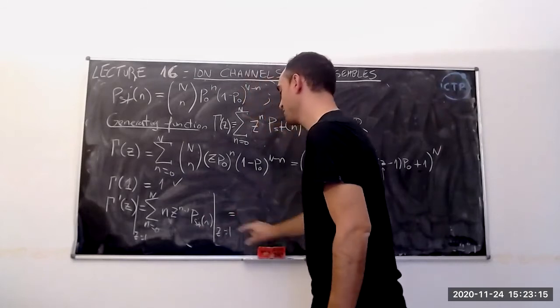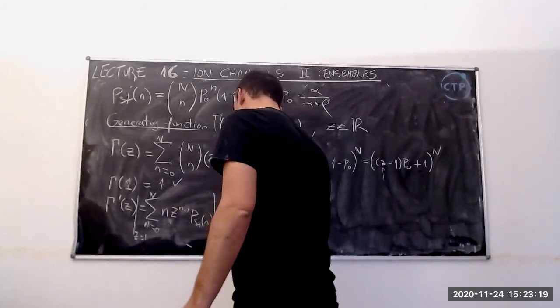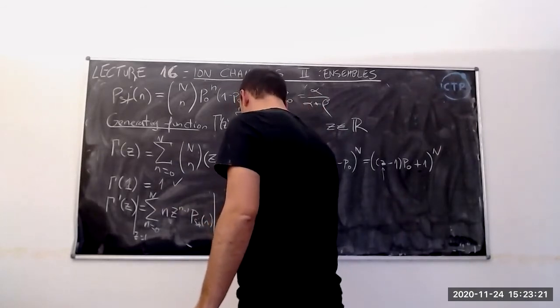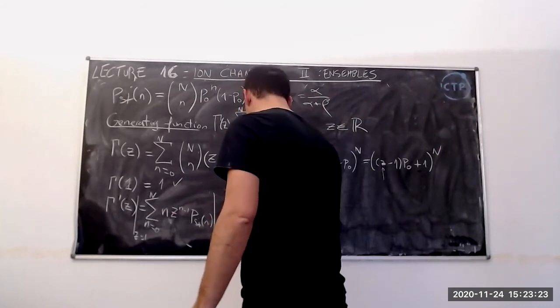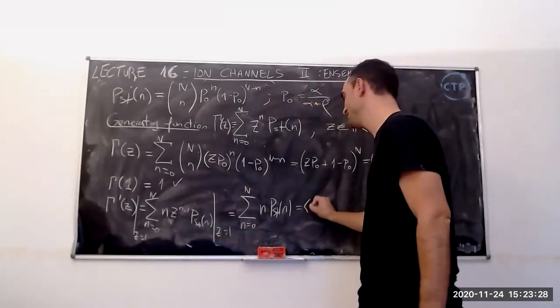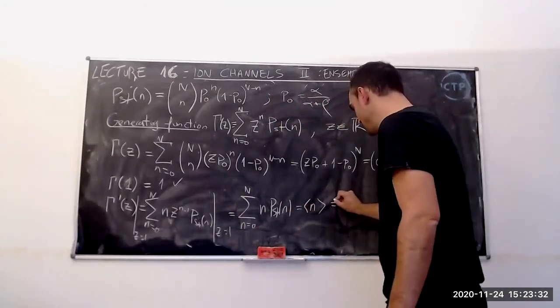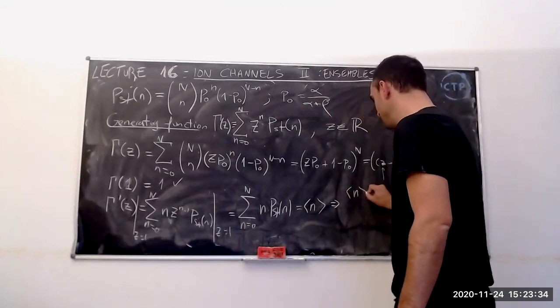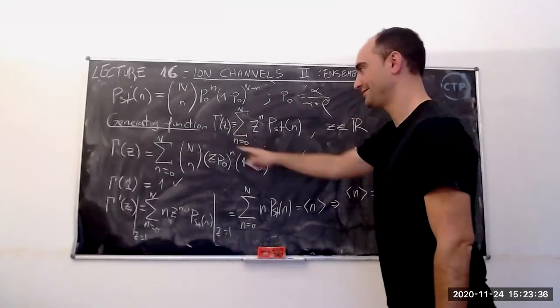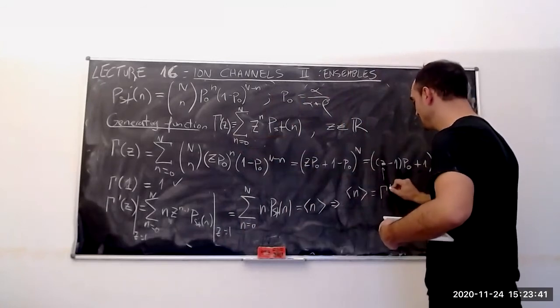When Z equals 1, this sum becomes the sum n equals 0 to big N of n P of n, and this is the average of n. So this means that I can compute the average by taking the derivative of the generating function with respect to Z and evaluating it at 1.